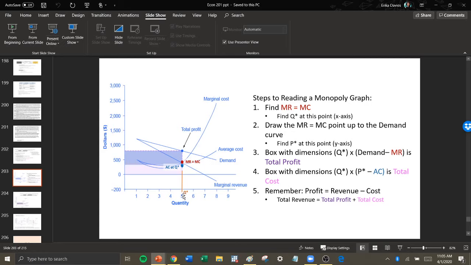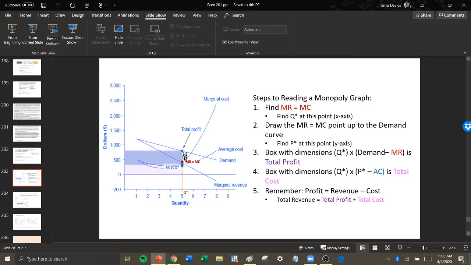Okay. Then we're going to find the price at this point. To do this, we trace our equilibrium quantity up to the demand curve. We know how much we're going to produce, and now, according to how much people want what we're producing, we will charge a price.